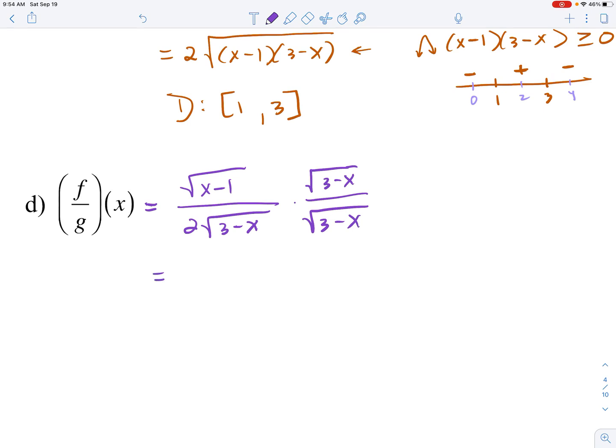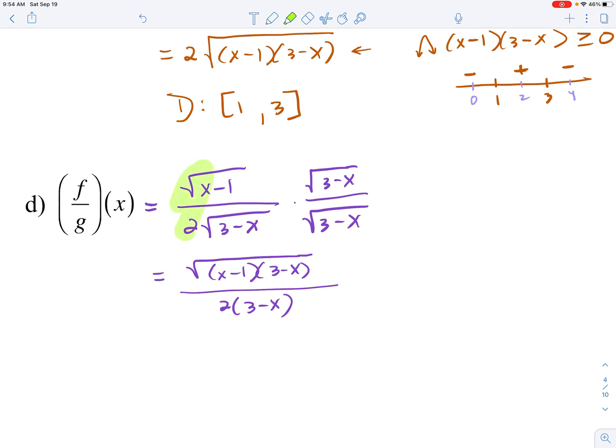And when we do that, we would get the square root of x minus 1 times 3 minus x in the numerator over 2 times 3 minus x. And if you wanted to distribute the 2 in, you could, but you don't necessarily have to.